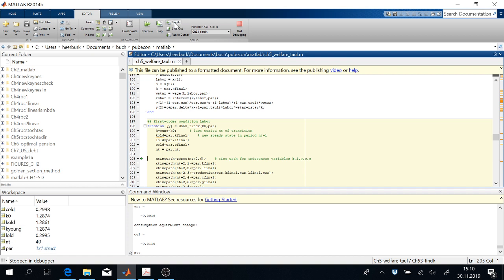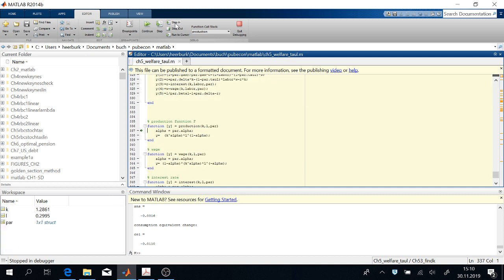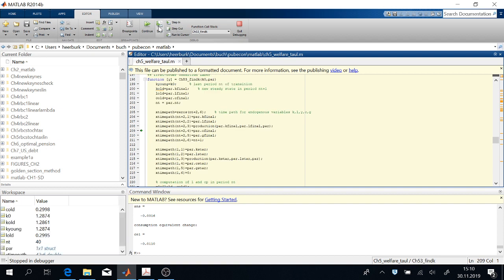The solution is stored in the matrix X time path, which saves the capital stock, the labor stock, production, consumption, government expenditures, which are equal to tax revenues, and the period in row NT plus 2 here for the final period 41 when we are in the new steady state.